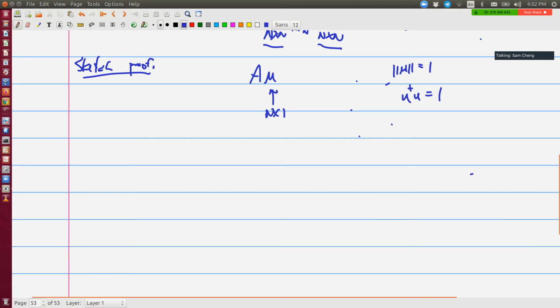I can write U orthogonal. This represents the orthogonal space, meaning it contains vectors V that are also in n-dimensional space, and V is perpendicular to U.